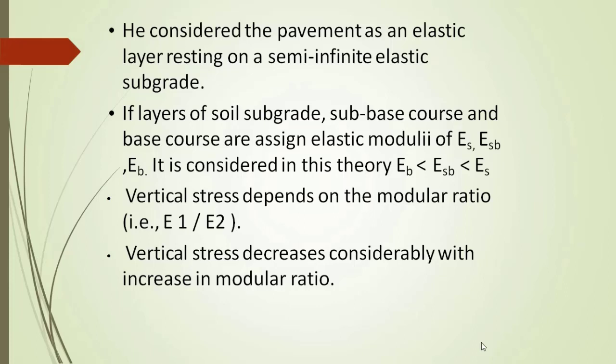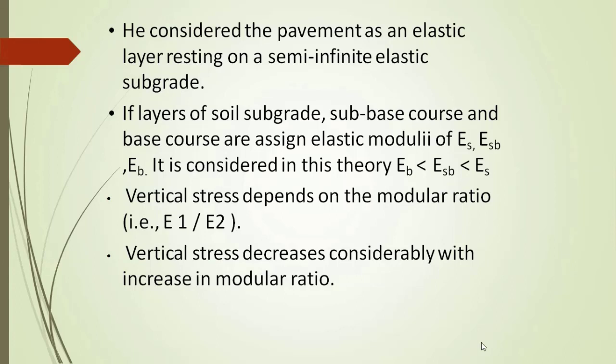So if the layers of soil subgrade, subbase and base are assigned elastic moduli of ES for subgrade, ESB for subbase and EB for base, then as per Boussinesq analysis it is considered ES equals ESB equals EB, whereas in the layered analysis it is taken as EB greater than ESB greater than ES.